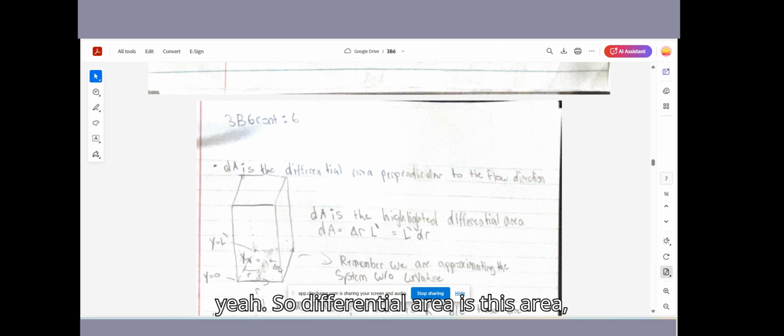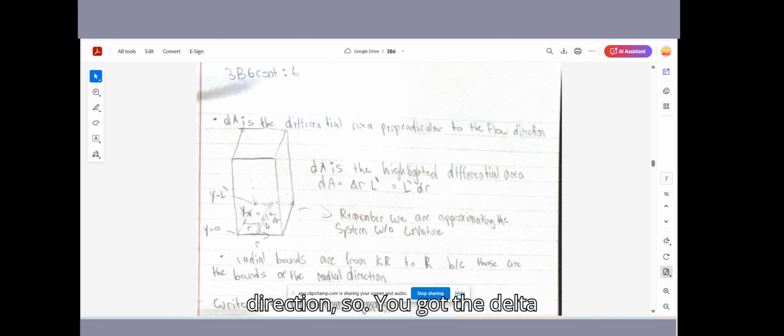So the differential area is this area, which is perpendicular to the flow direction. You have the delta R, which is this smaller part, and then L prime, which is just an arbitrary variable.